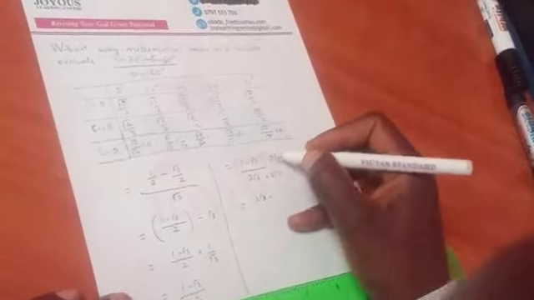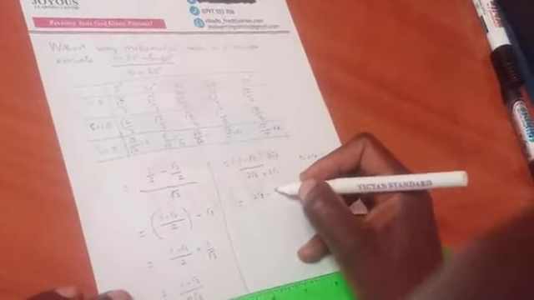So root 3 times root 3 is 3, and 3 times 2 is 6. So all over, this one will be the same as 2 times root 3 times 2 times root 3. A root and a root go, so it shall have 4 times 3, which is 12.